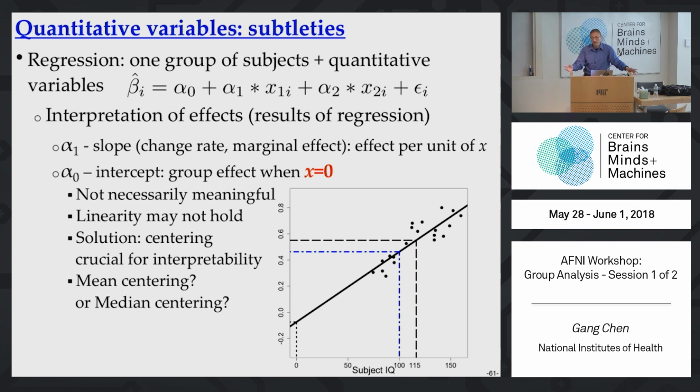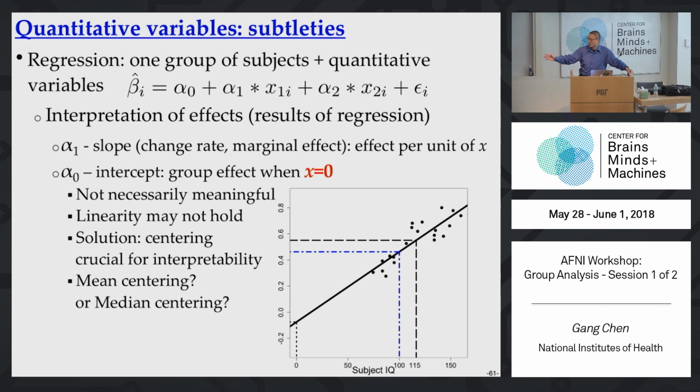However, if you are interested in the intercept, in this case the brain response, then when we incorporate IQ as a variable, centering becomes very crucial because it has a huge impact on the interpretation of the result.